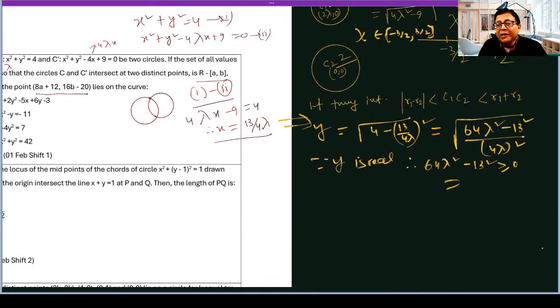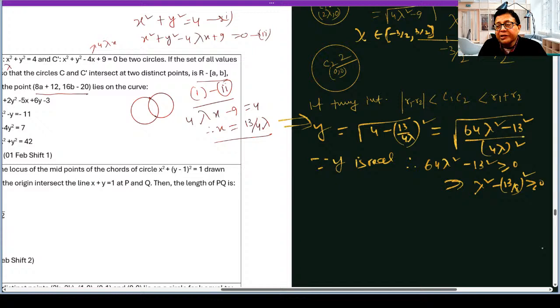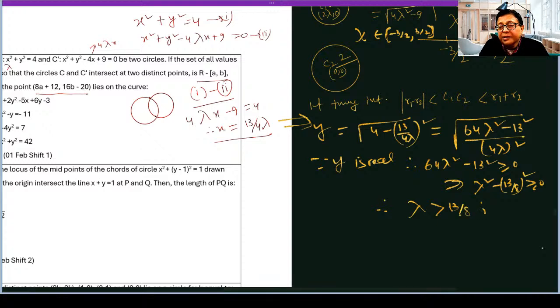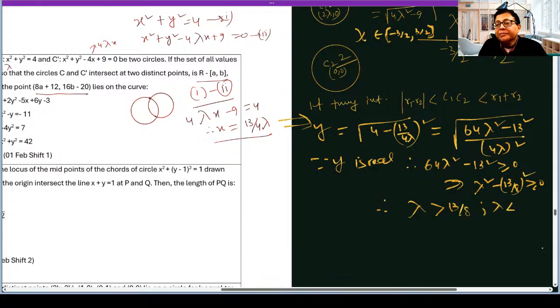So what does this imply? 13 minus 8 whole square greater than equal to 0. Therefore, lambda greater than 13 by 8 and lambda less than minus 13 by 8. If you draw the number line now for lambda, then do the previous one also.